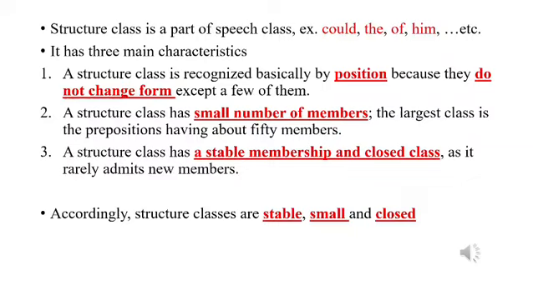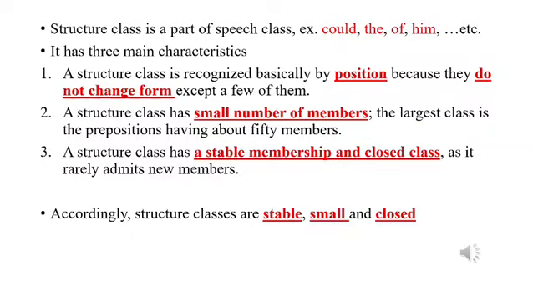It has three specific characteristics. First, they are recognized basically by position, because they do not change form except a few of them. Second, a structure class has a small number of members.